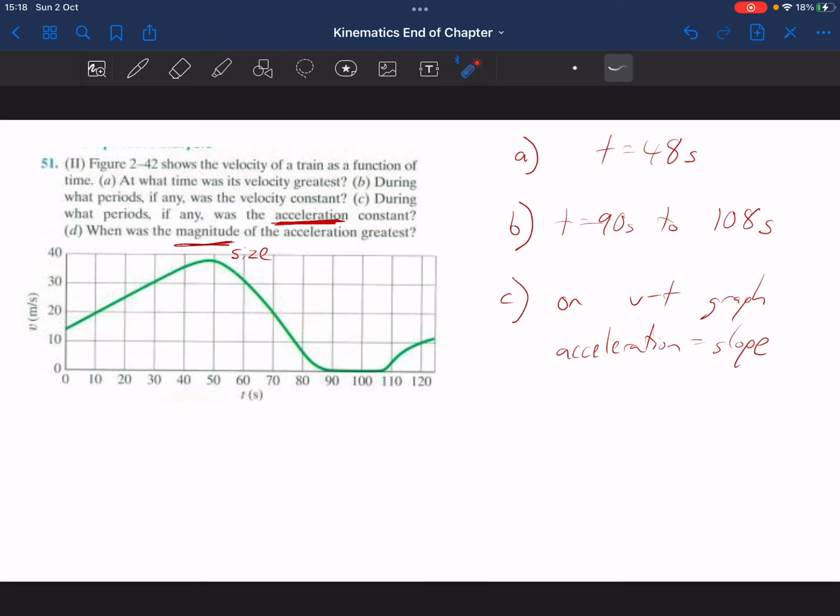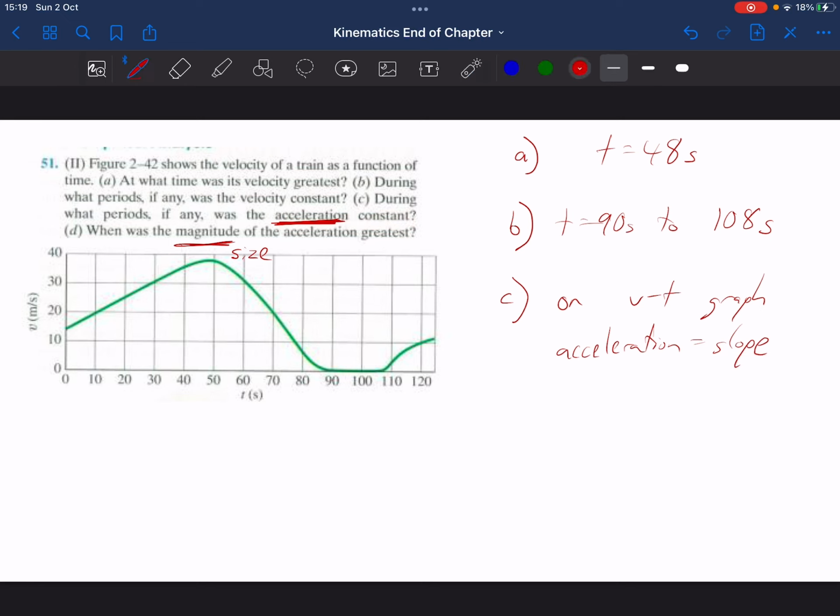So the rate at which this line changes tells us how it's accelerating. If we're looking for constant acceleration, then we need to be looking for constant slope. So constant acceleration, constant slope.